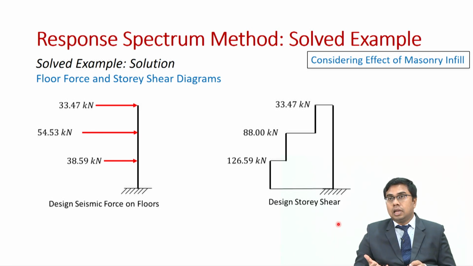But if your slab is unable to provide you rigid diaphragm action, then in that case you have to consider the flexibility of the diaphragm or follow other global codes which suggest to distribute it in proportion to the tributary area. This in-plane distribution of story shear is very similar to what we do in case of equivalent static method.